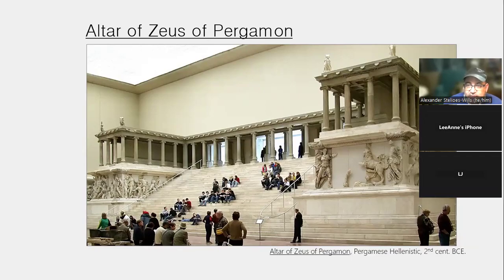And there is a strong sense that Pergamon was trying to make the second Parthenon. They were trying to make a temple that would surpass the Parthenon, but would definitely feel like it was in the same trajectory. And so, yeah, this frieze is full of action and dynamics, and it's very exciting.